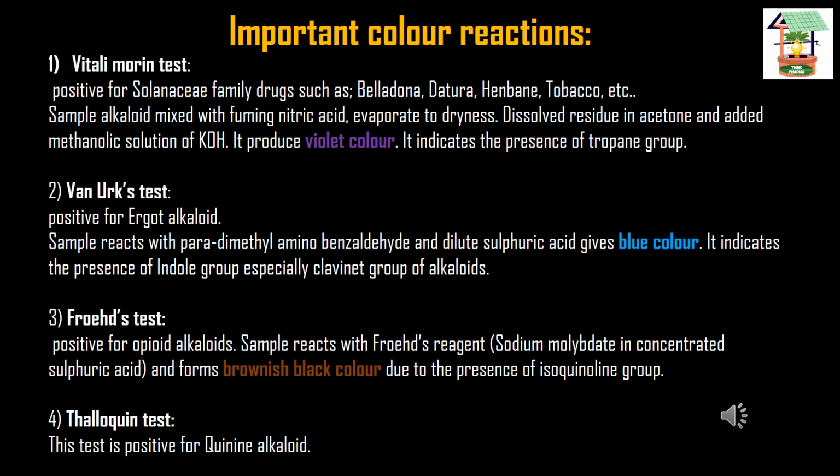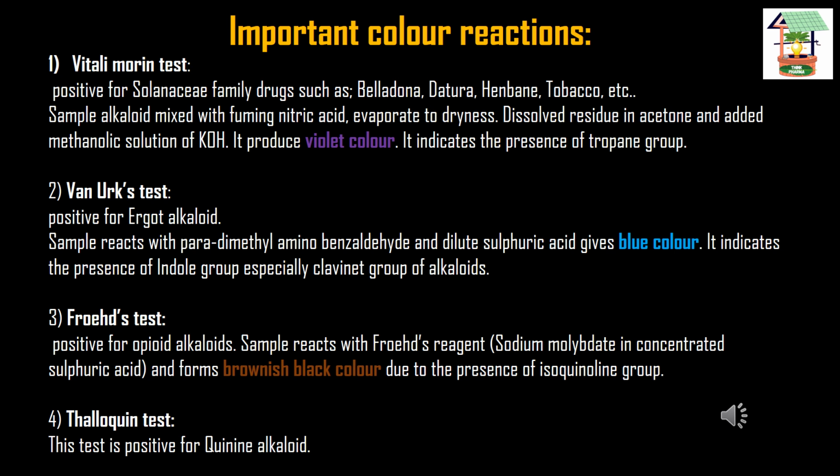After drying it is dissolved in acetone and a methanolic solution of KOH is added. Then it will give a violet color. So it represents the tropane group being present in this compound. So it is a confirmation test.